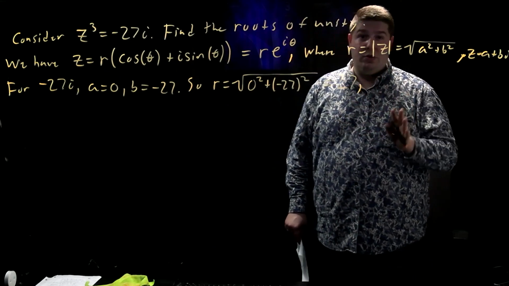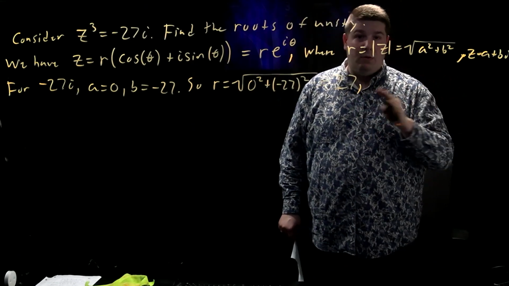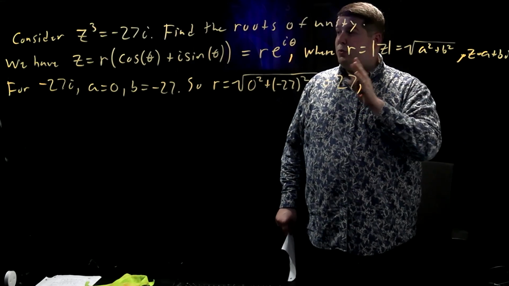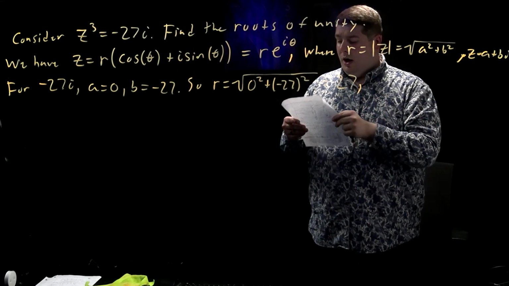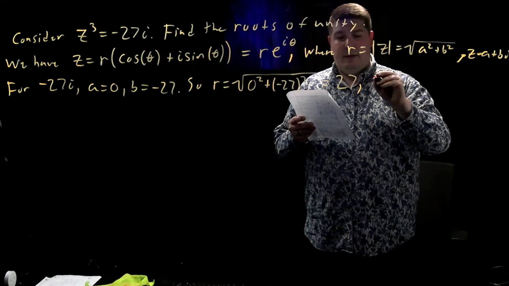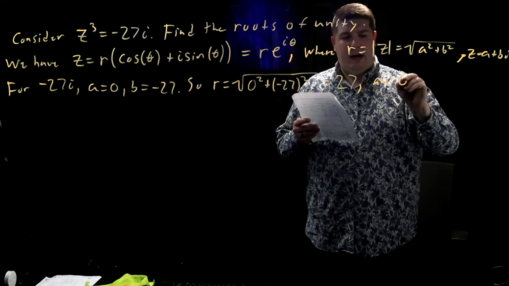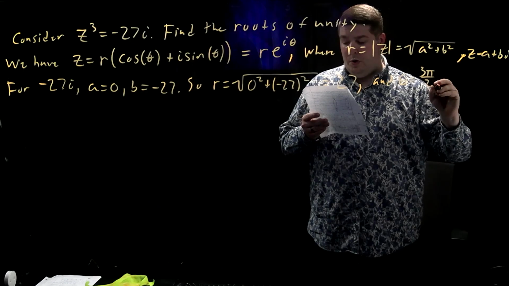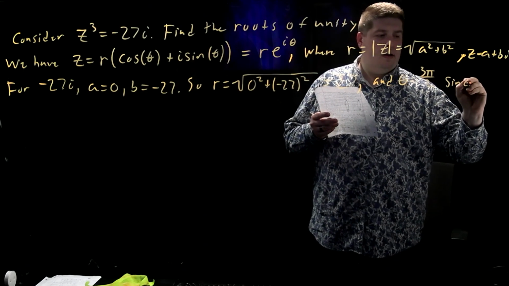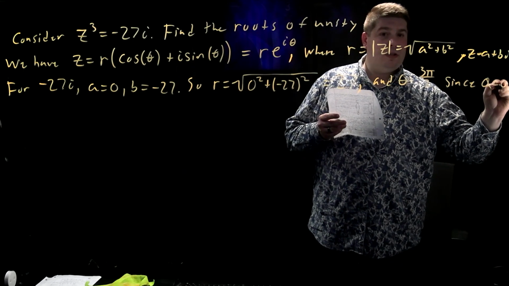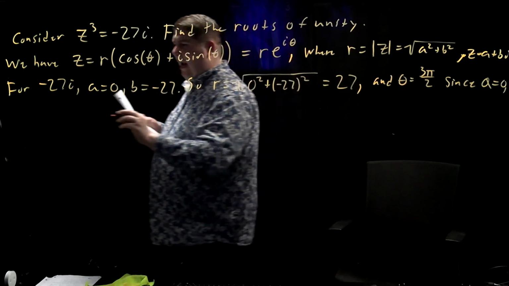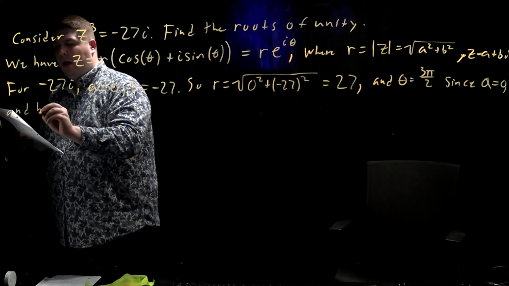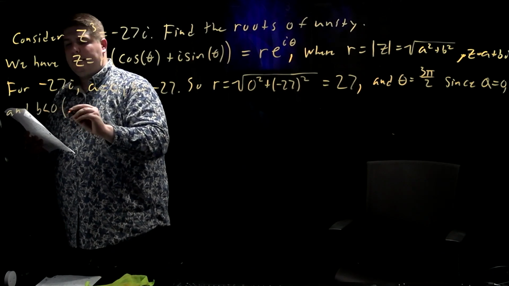But here, because this is not a formal complex analysis class, it's just one section on complex numbers, we just say that, hey, theta is equal to 3 pi over 2 since our a is equal to 0 and our b is less than 0.